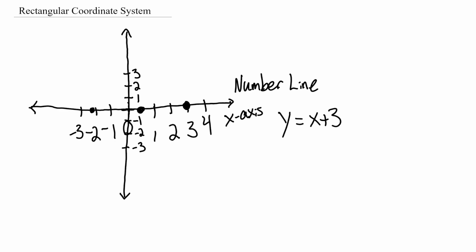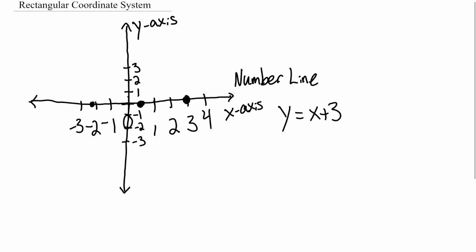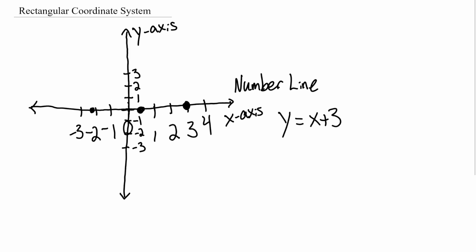If it's time, maybe you would just label it as time. And then the vertical one we would name after the other variable. Typically, the second variable we like to use is y, so we would call it the y-axis. And this divides the plane into 4 different areas, and we call these quadrants. This area we call quadrant 1.